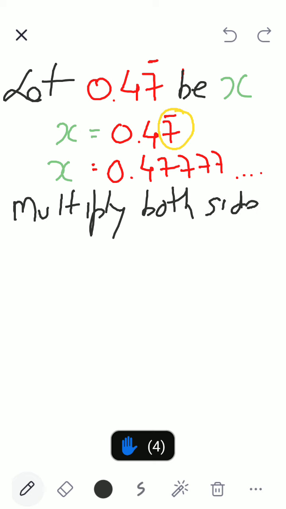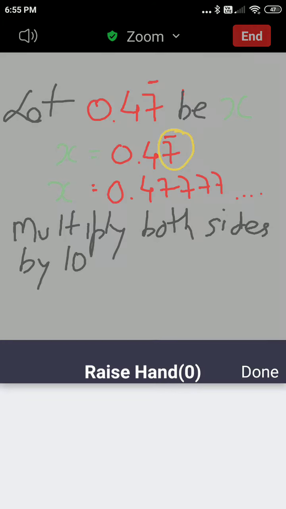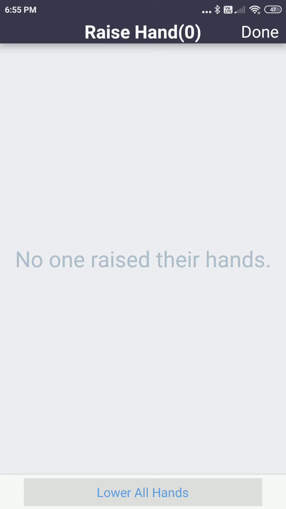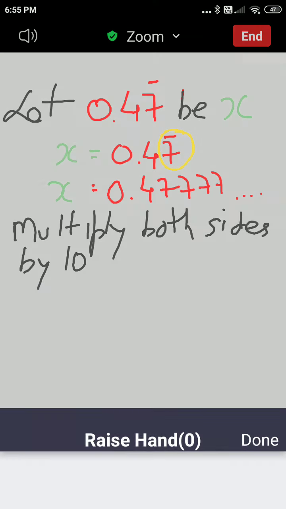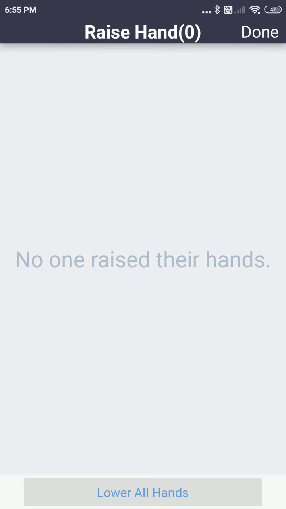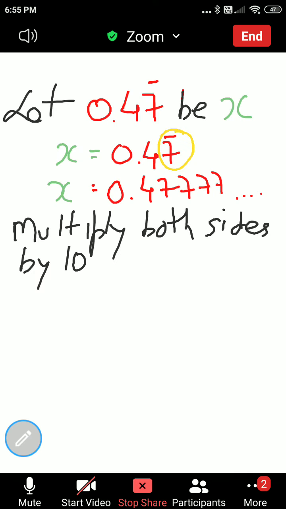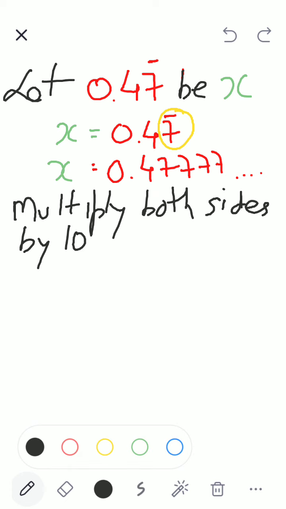Please lower your hands, children. Children, anybody having doubt? Okay. So I have x multiplied by 10.